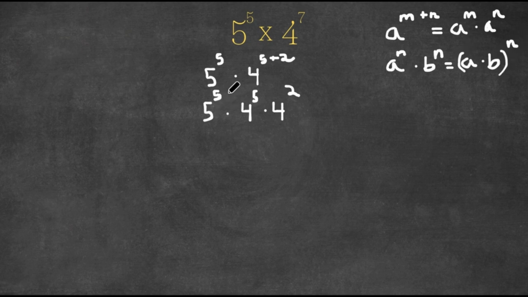So right here we have 5 to the power of 5 times 4 to the power of 5, and 5 in this case is n, and 5 and 4 are a and b respectively. So this can be converted to 5 times 4 to the power of 5 times 4 squared.